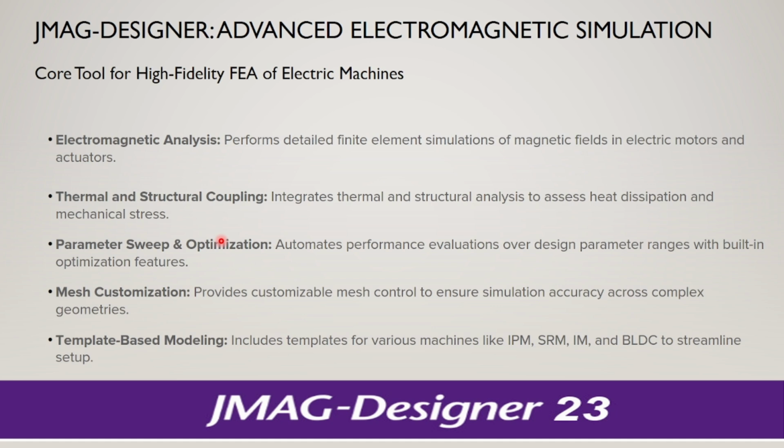The parameter sweep means, if you take a motor stamping, that stamping will have a predefined value. In real-time applications, this stamping will have default structures. If you need to optimize those structural things, you can go for the parameter sweep optimization method.